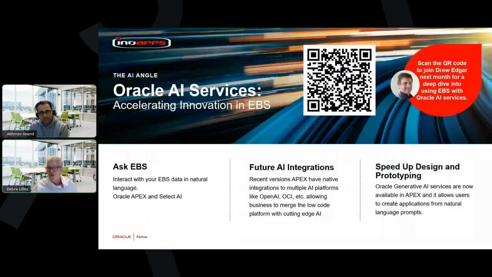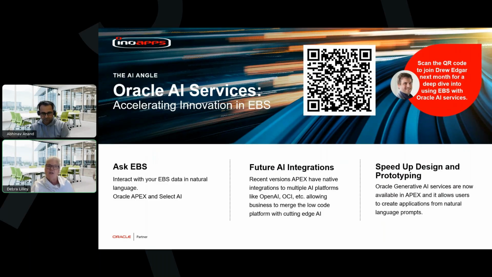So we mentioned a few times the next webinar, which is the third in this series, and we're going to do a summary of Ask EBS, which is the AI that Oracle have documented for you. They don't actually deliver it. There's some work that you have to do to set it up, but there's a white paper to go with that.